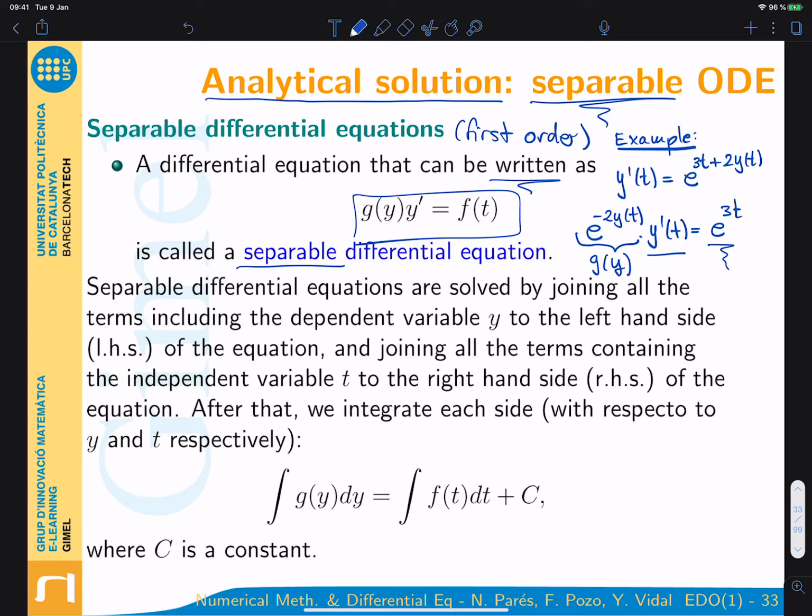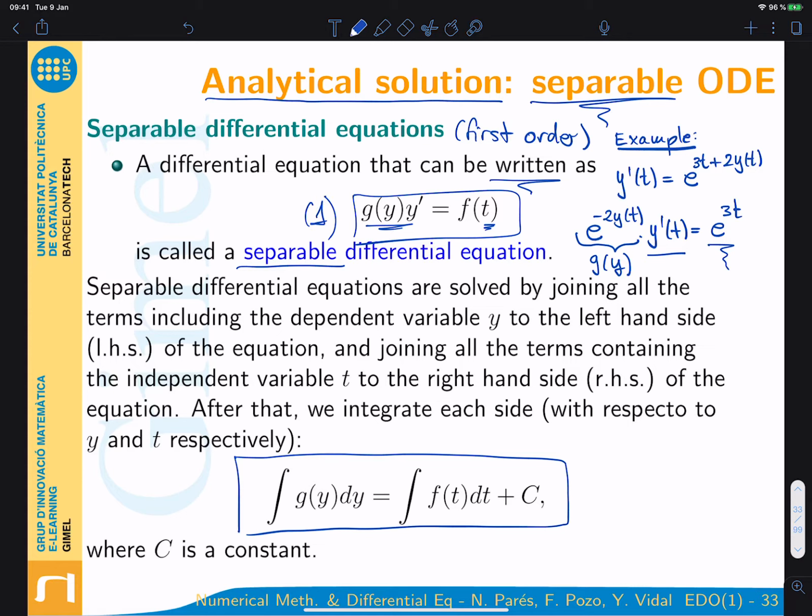Somehow it means we can separate dependent y and independent t variables, one in each side of the equation. Now these equations are very easy to solve, and how to solve them is just integrating each side of this first equation.